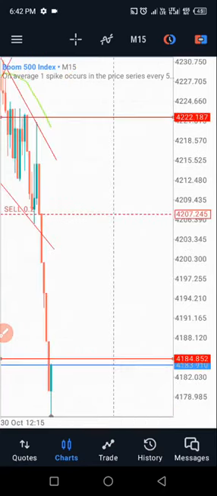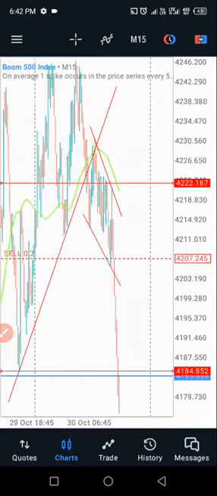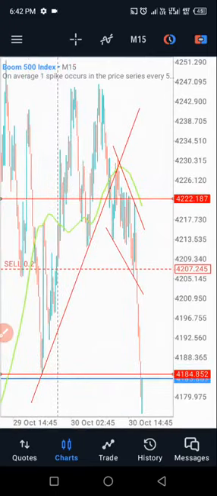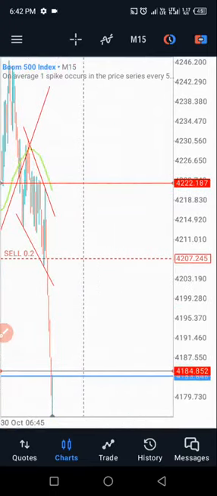The first thing you want to do to make use of the breakout and retest strategy is to ensure that there is a trend line forming.